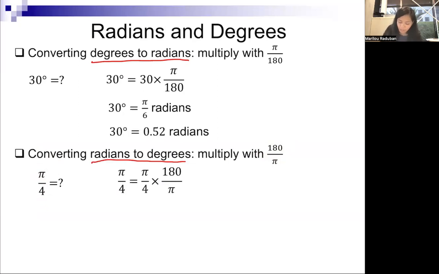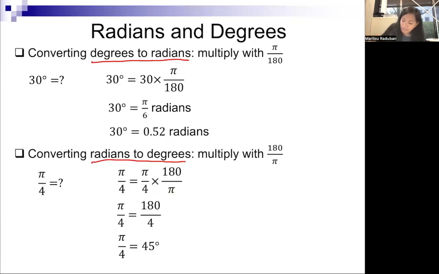Pi will of course cancel each other out because anything divided by itself is equal to 1. So that's equivalent to just doing 180 divided by 4. You should get 45 degrees. Good.